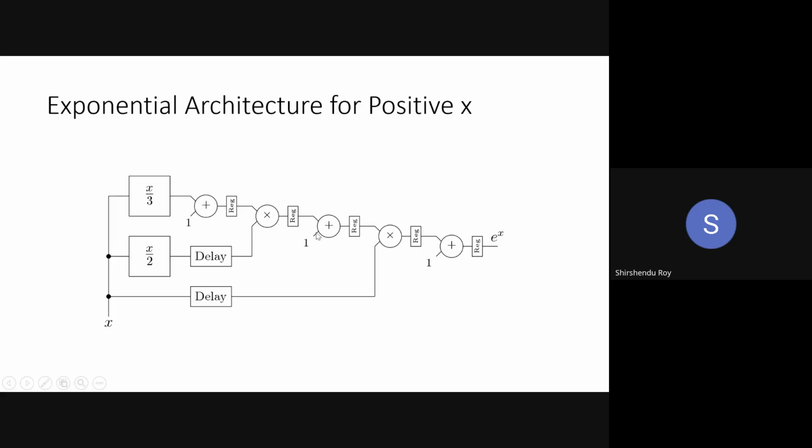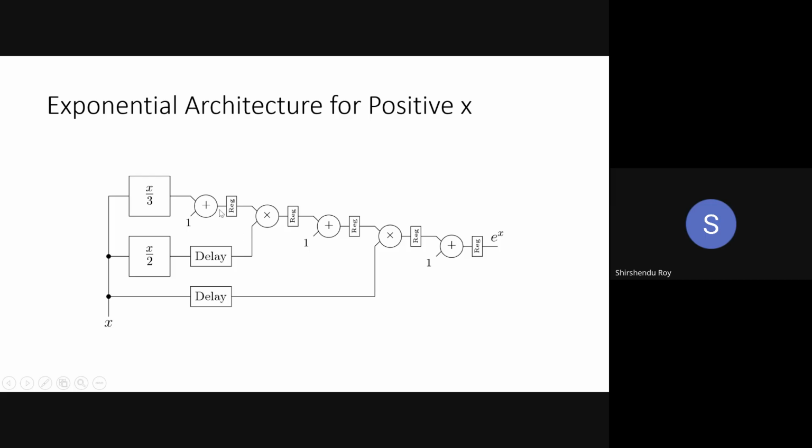Again 1 is added, again multiplied by x, and finally 1 is added, and similarly we get the exponential of x. Module-wise, the first module is x by 3, where x is divided by 3. The second module is x by 2, where x is divided by 2. And if you see here, the blocks are registered.